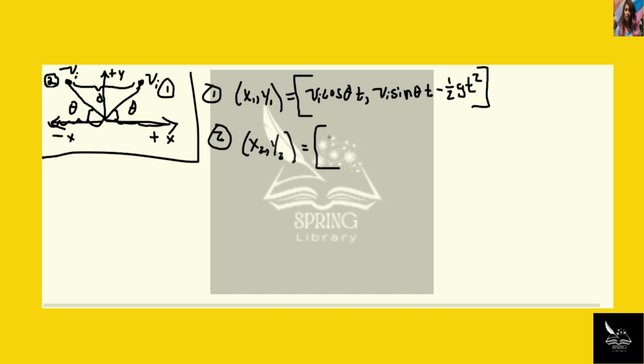So we're going to put a minus velocity initial cosine theta times t, and then for the y coordinate, this one's going to be positive, just like the other projectile: velocity initial sine theta times t minus 1/2 g t squared. And close down that bracket.